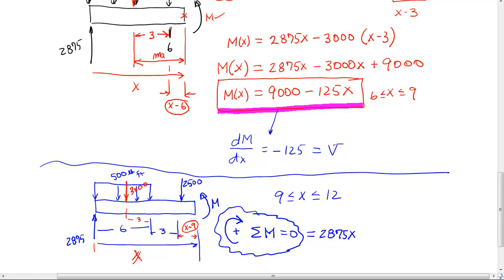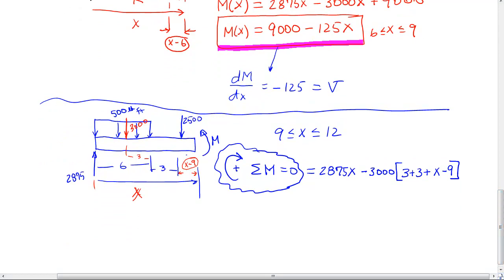So if I want to know the moment arm back to this 3,000 pounds, it's of course this 3, that 3, and then x minus 9. So I'm going to write all that. Now that 3,000 pounds is going in the opposite direction: 3,000 pounds times the moment arm of 3 plus x minus 9. Now I know that's a strange way of writing it, but it's okay.